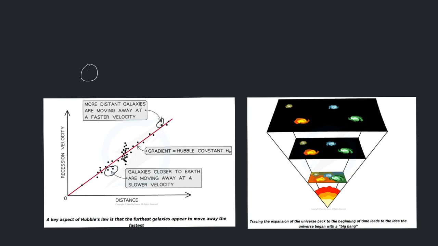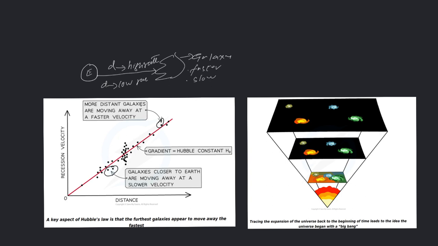Consider here we have the Earth and here we have a galaxy. Let d be the distance between the Earth and a particular galaxy. If it is moving faster, the distance will increase at a high rate, and if the galaxy is moving slowly, the distance increases at a low rate.